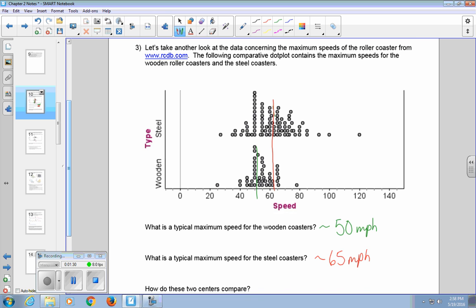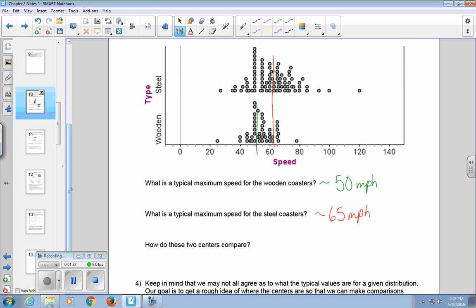Okay. And then the question, how do these two centers compare? Well, if you notice, the center for the steel coasters is further to the right than the center for the wooden coasters. So we say that the steel coasters' typical speed tends to be faster than the typical speed for the wooden coasters.